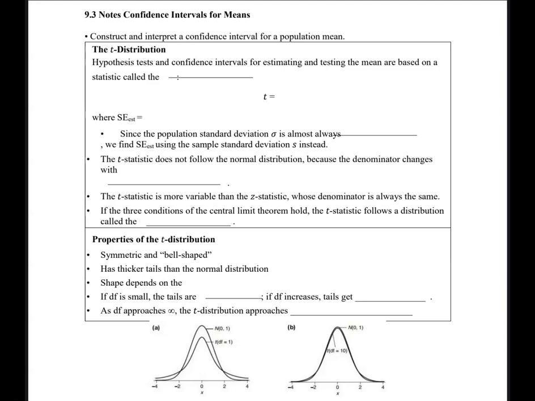So hypothesis tests and confidence intervals for estimating and testing the mean are based on a test statistic called the t-statistic. I usually just call it the t.